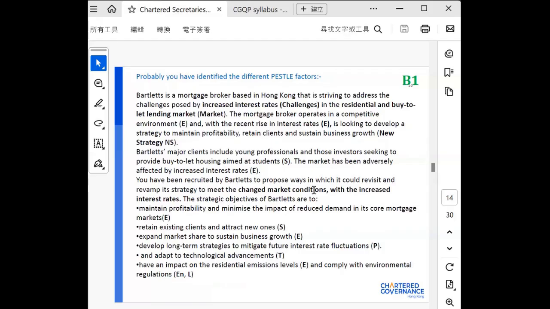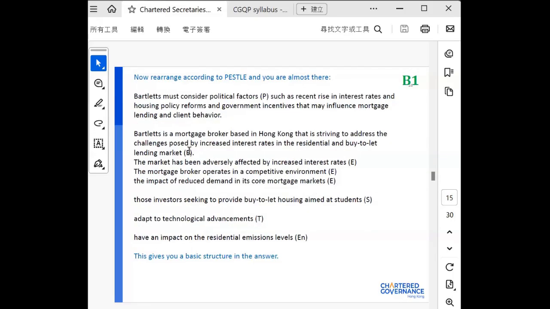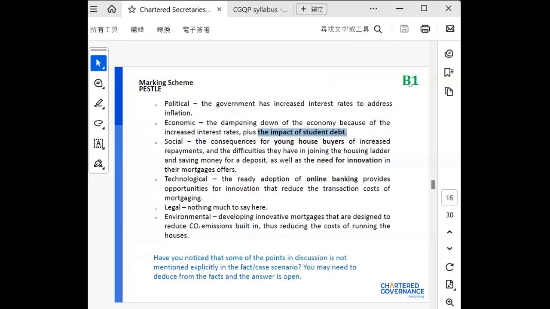They just mentioned that they're young professionals and they buy those student-focused buy-to-let flats. So the young professionals will be your investors. But the interesting point is that it's not mentioned anywhere in your question that there's student debt that they have to repay.